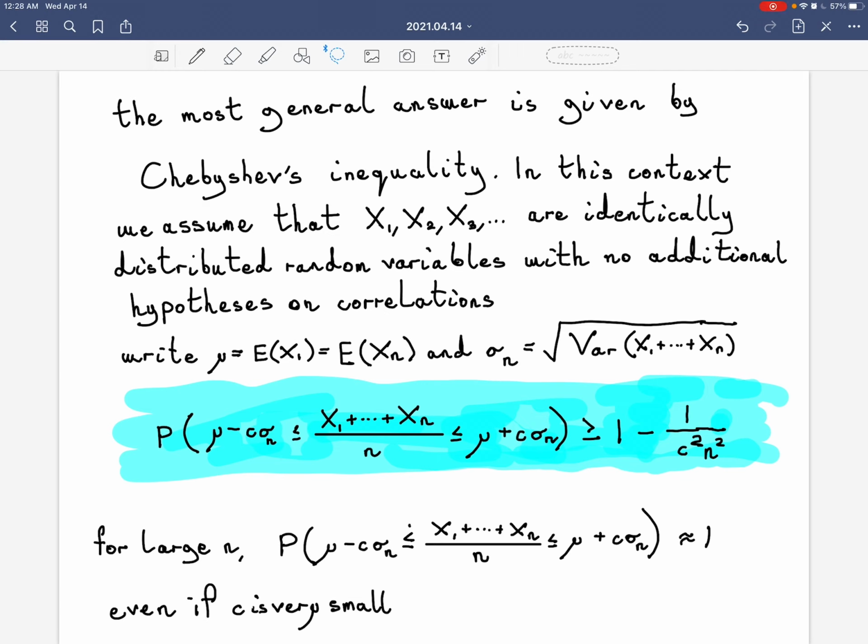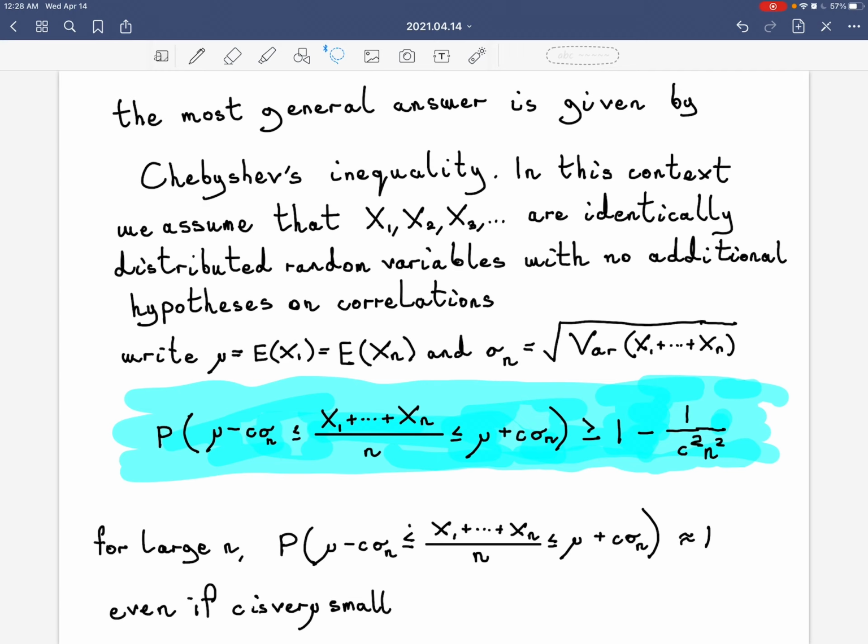So you can have some flexibility in how you use this by scaling the constant c so that it balances the width of your error interval with the rate of convergence to certainty. So c is something you can adjust in application of Chebychev's inequality.